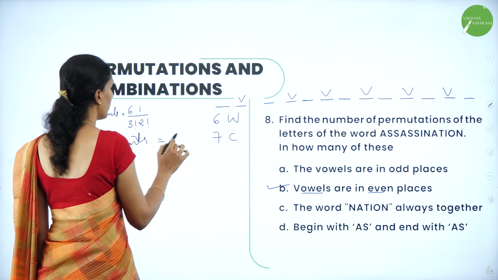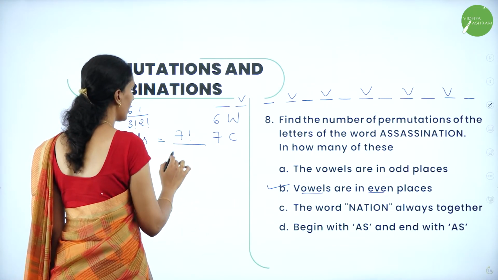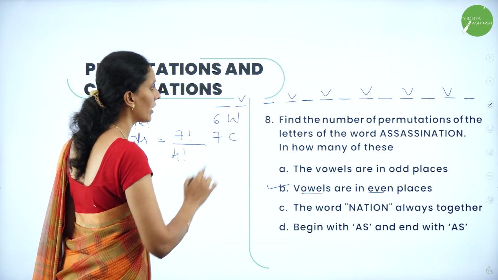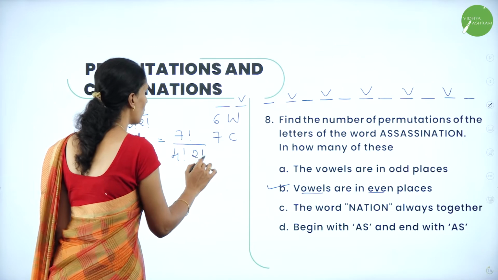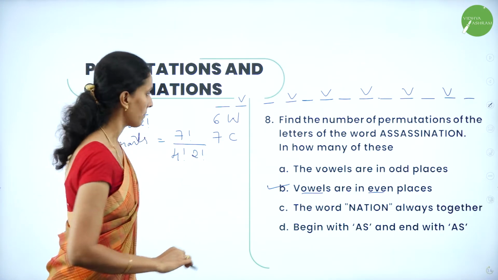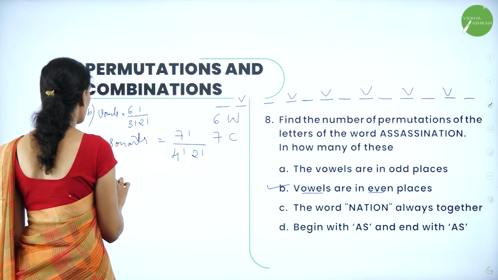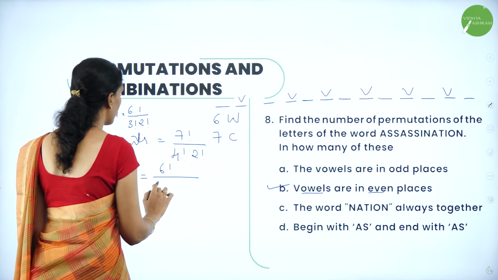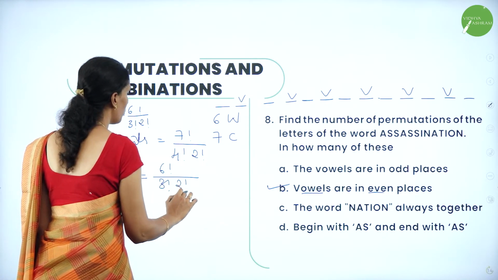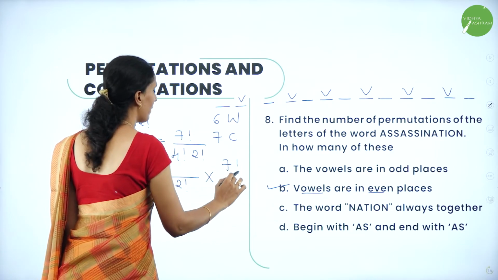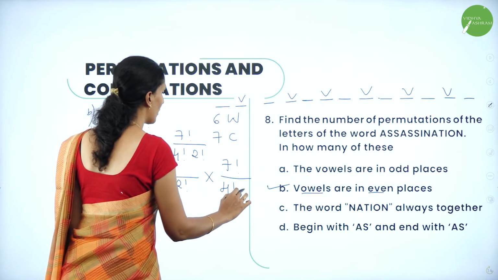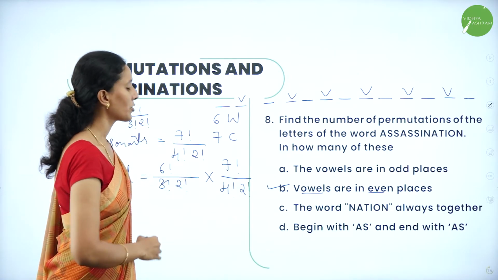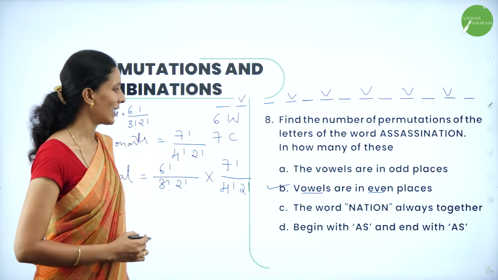So it will be 7 factorial by 4 factorial, because S is repeated 4 times, and 2 factorial because N is repeated 2 times. So my total arrangement here is 6 factorial by 3 factorial into 2 factorial, times 7 factorial by 4 factorial into 2 factorial. So this is the arrangement when vowels are in even places.